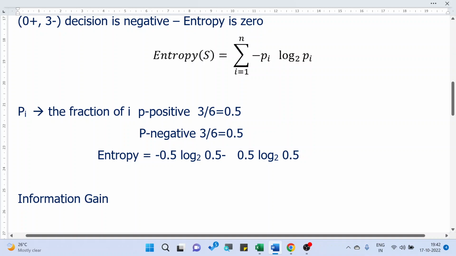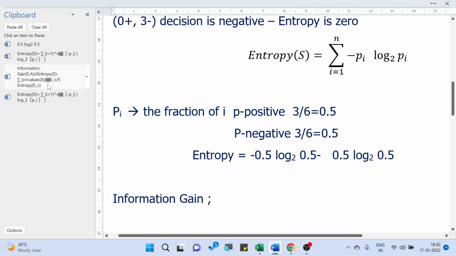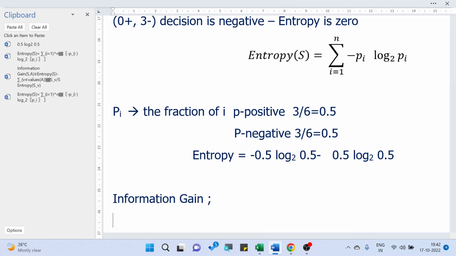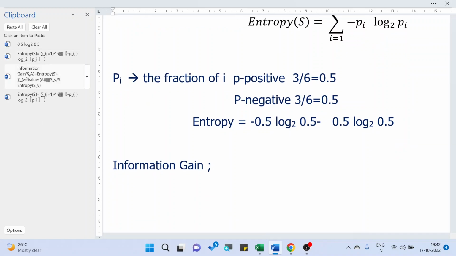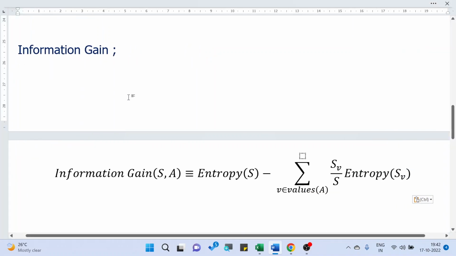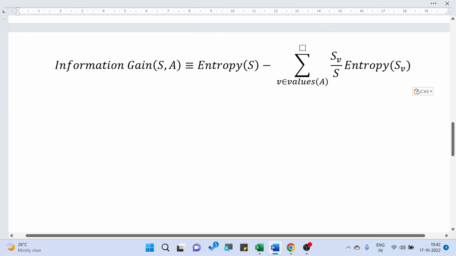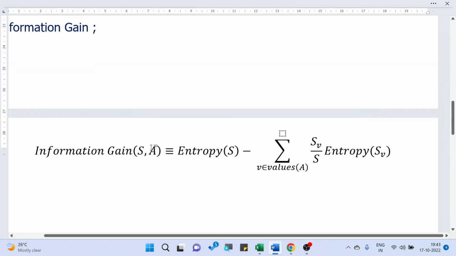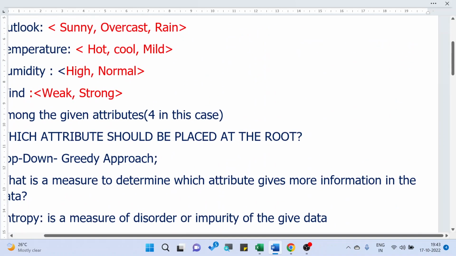Now, let us see how to calculate this information gain. The information gain is calculated from the formula: total entropy minus, suppose you take an attribute, for example, let us say, outlook.